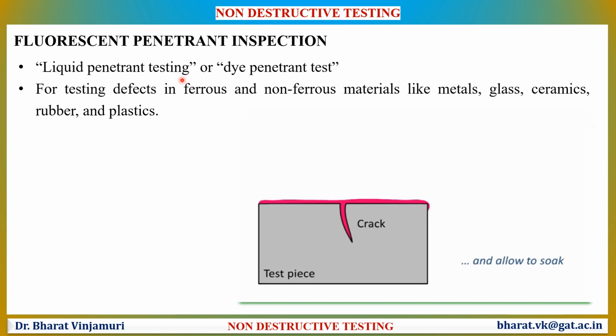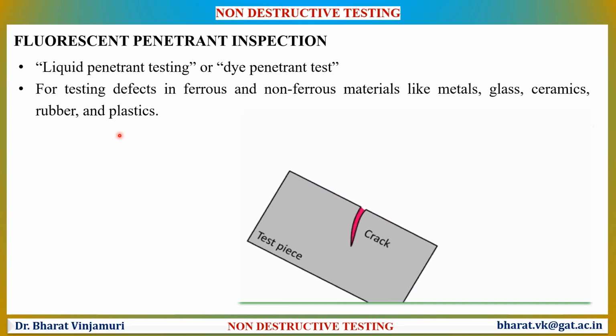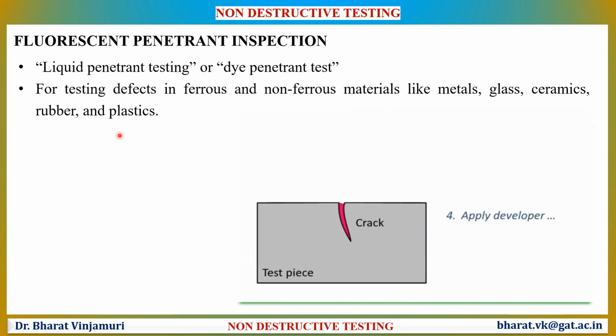This method of inspection is used for testing ferrous and non-ferrous materials like metals, glass, ceramics, rubber and plastics. The process is one of the most widely used NDT methods because of its ease and flexibility. The process is preferred for parts with discontinuities which are open to the surface.